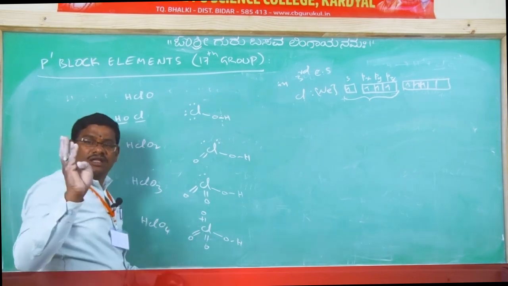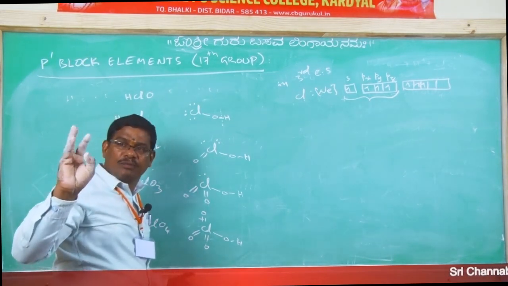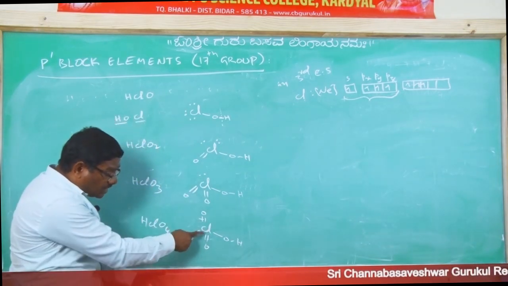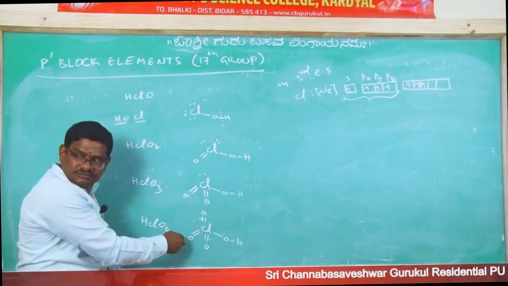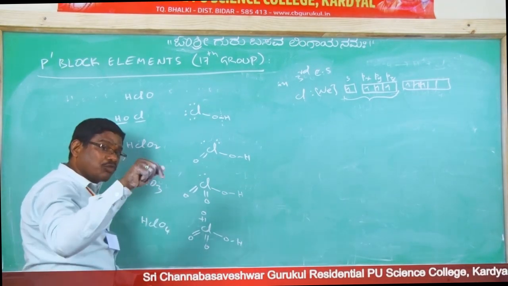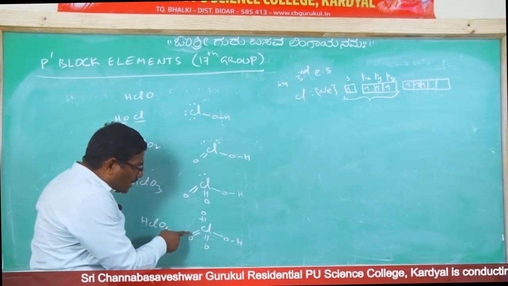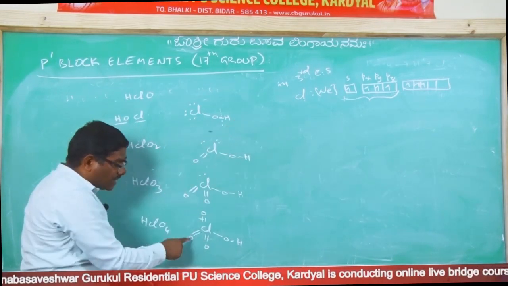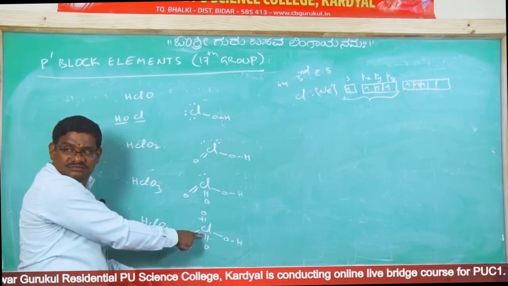Oxygen is 2s2, 2px2, py1, pz1. Right? py1 is already involved in linear overlapping with chlorine. Now pz is one unpaired electron. That unpaired electron of pz laterally overlaps with the dxy, dyz and dzx electrons of chlorine.